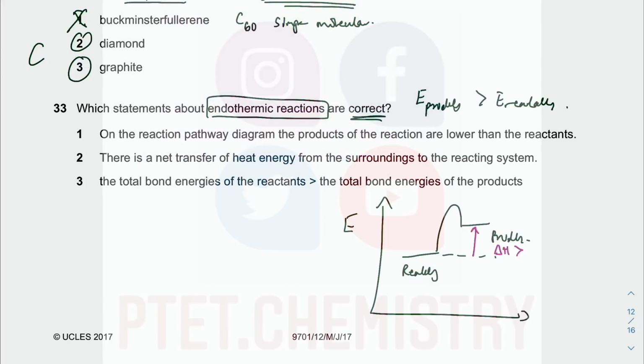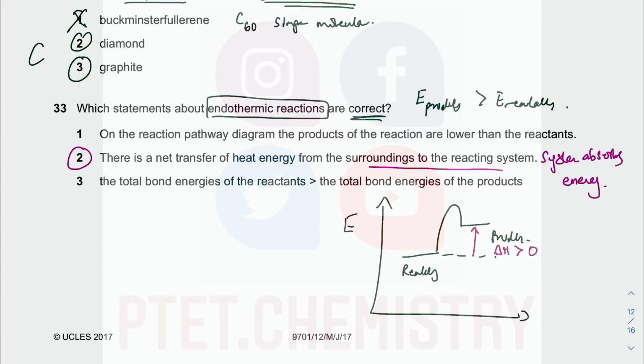That's why your enthalpy change is greater than 0, because your product has more energy than the reactant. So energy is transferred from the surroundings to the system, because the system absorbs energy. That's why your product has higher energy than the reactant. So 2 is correct.